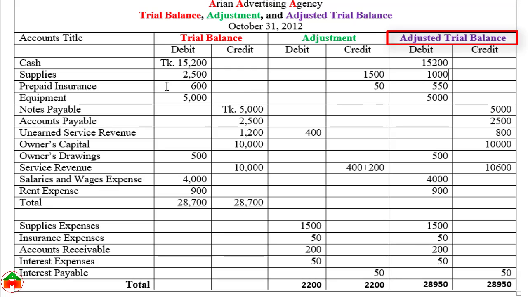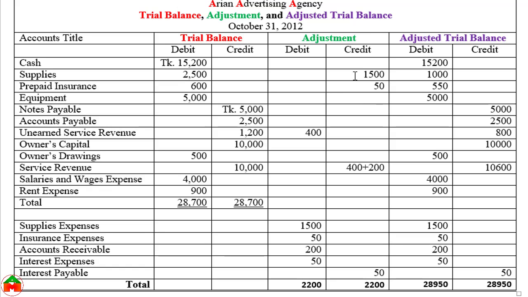Okay, here you can see cash is debit 15,200, and there is no adjustment, so 15,200 will be written here. Supplies is debit 2,500, and there is a credit balance of 1,500 in the adjustment, so we need to adjust this 1,500 from this 2,500, debit and credit.